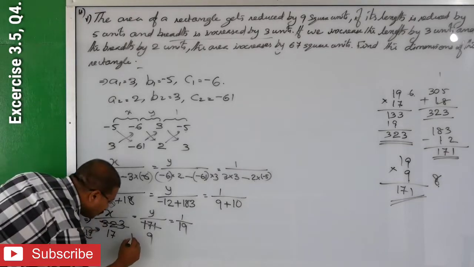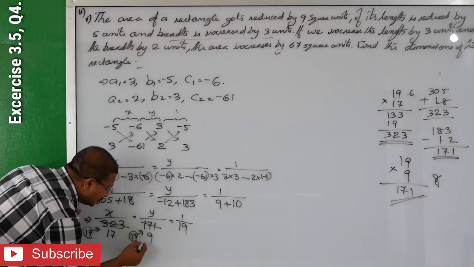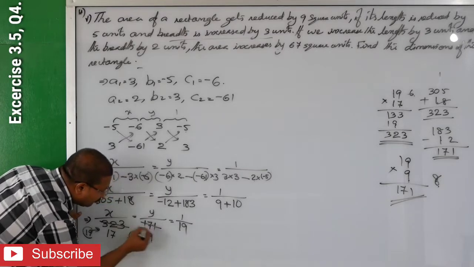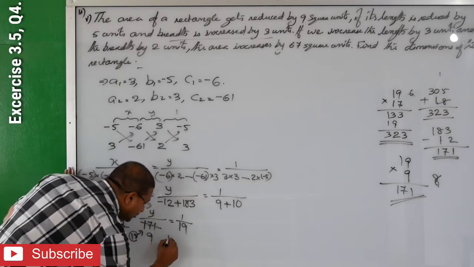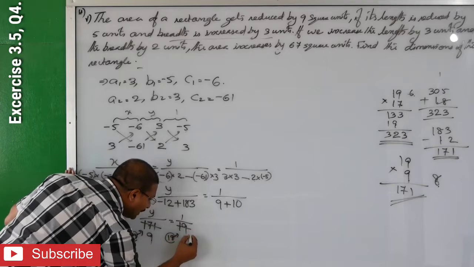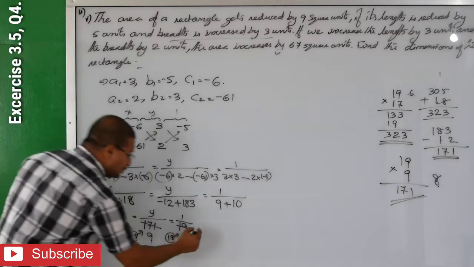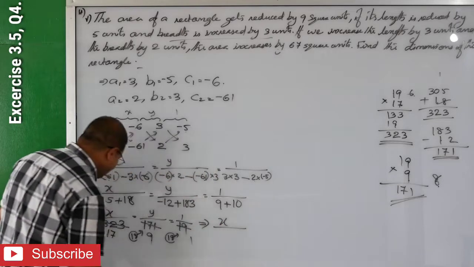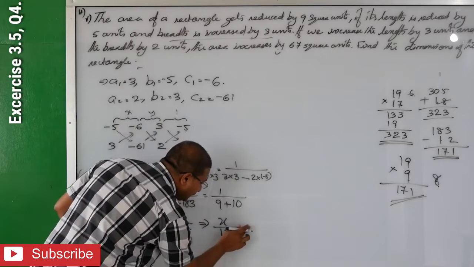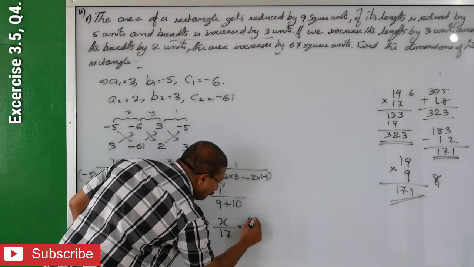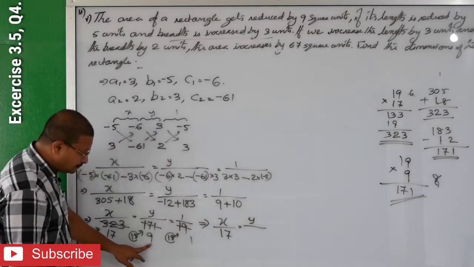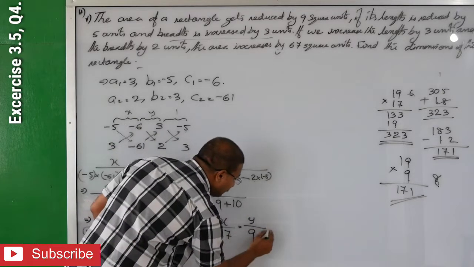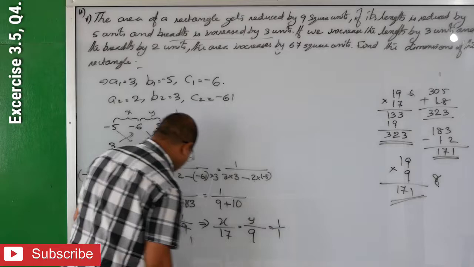So here also we are going to cancel by 19. 19 into 9 will get 171. Now when you cancel here, 19 into 1 we will get 19. So this implies we will get x divided by 17 equals y divided by 9 equals 1 by 1.